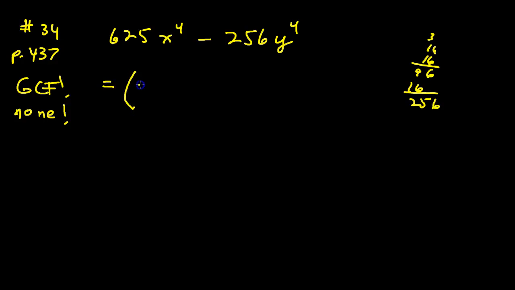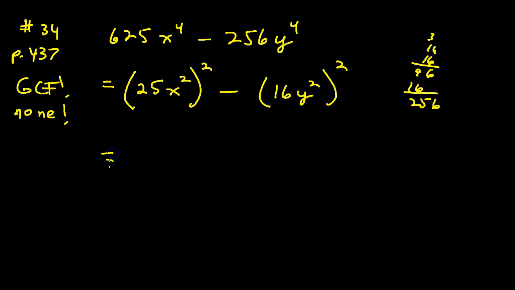I can write it as 25x squared, squared, right? 625 is 25 times 25, minus 16y squared, squared. Okay, so I've formally rewritten the original expression as a difference of two squares, something squared minus something squared.